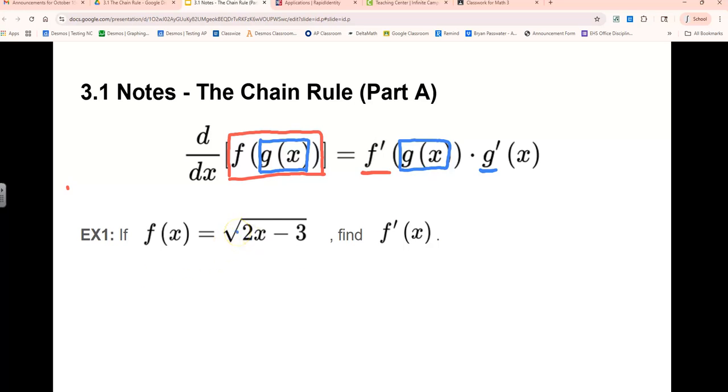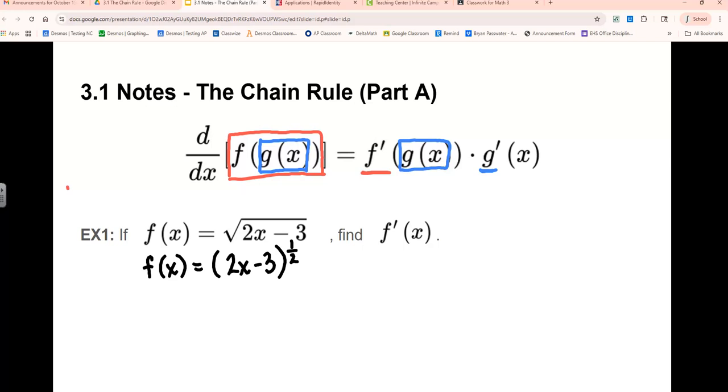If you have a square root, it is probably in your best interest, before you try to take the derivative, to change this to a fractional exponent. Because in general, it is just easier to take a derivative of anything when it has a fractional exponent instead of a square root.